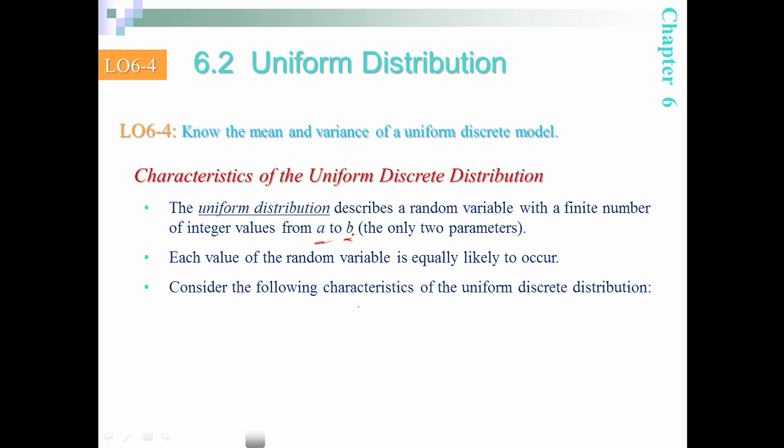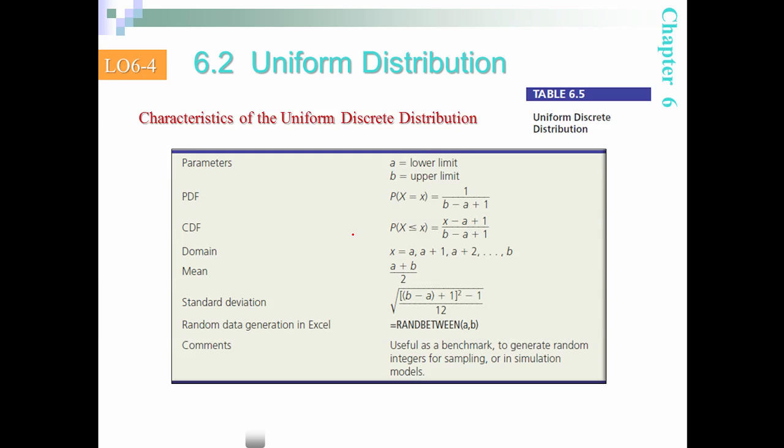And so this is what the distribution characteristics are. We have two parameters. The lower one is a and the upper one is b. So a is the lowest value that the random variable can take on, and b is the maximum value, or the highest value.